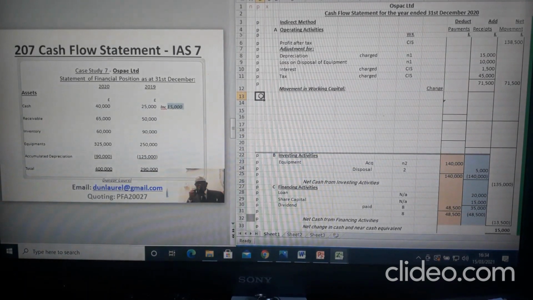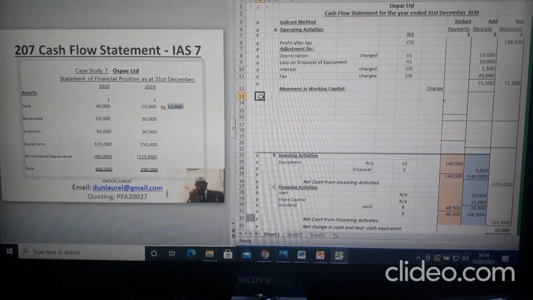Any decrease in inventory means you've disposed of them, which is a source of income. And when this is a liability like the payable, any increase in payable means you have taken credit from your supplier, which is a source. Any decrease in payable means you've paid them, that's an application. Let's move on. Remember that.